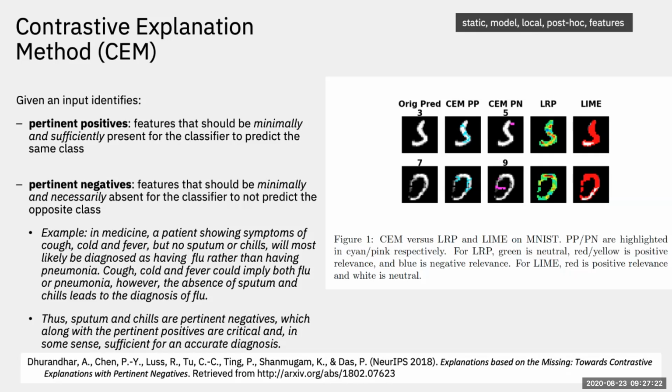Let me give an example, then it will be easier. Let's say in the healthcare domain, a patient is showing some symptoms of cough, cold, and fever, but no sputum and chills. So the question is now how to differentiate this patient between these two possible diseases, flu and pneumonia. Cough, cold, and fever are common between these two diseases. However, the absence of sputum and chills is a diagnostic feature of flu.